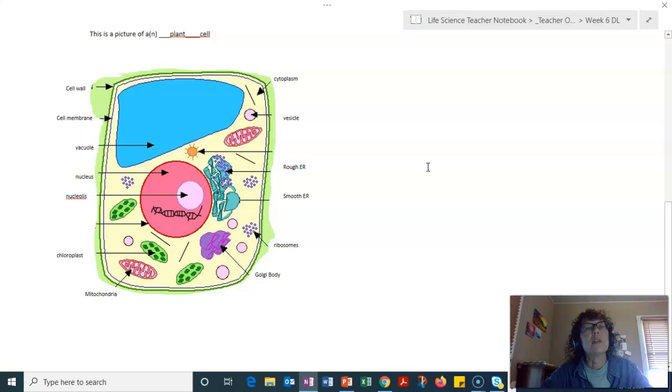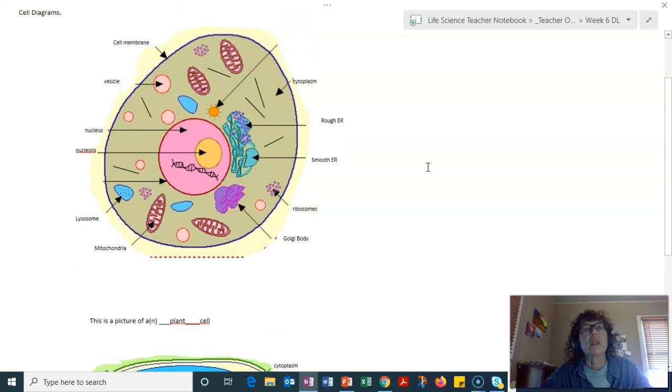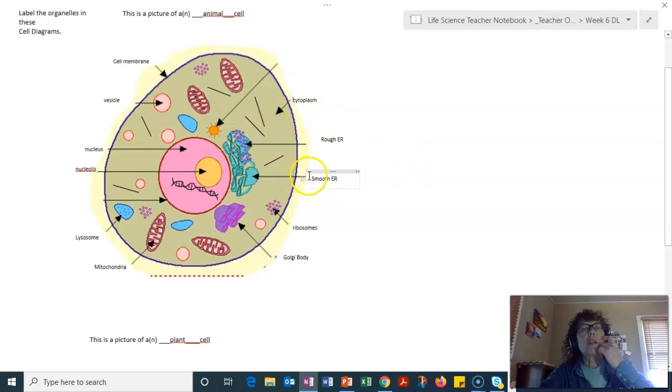Okay, I do see that I missed one, two, actually. So let's go back to the top one. We got two more things to label. Remember, this pink thing on the animal cell is the nucleus, and it has a barrier around it that's very similar to the barrier around the outside of the cell.